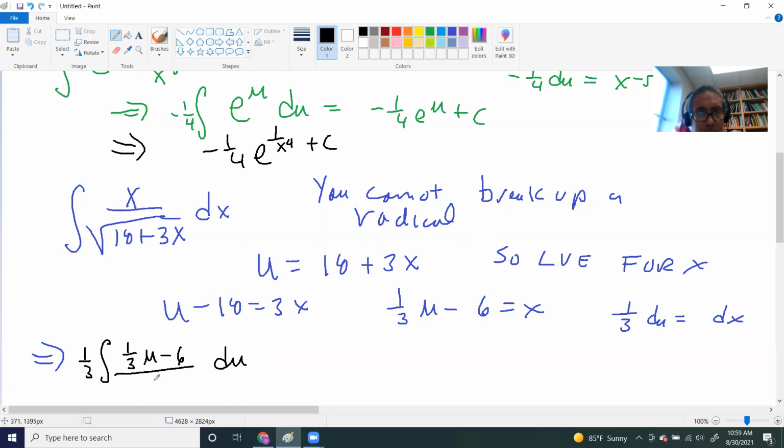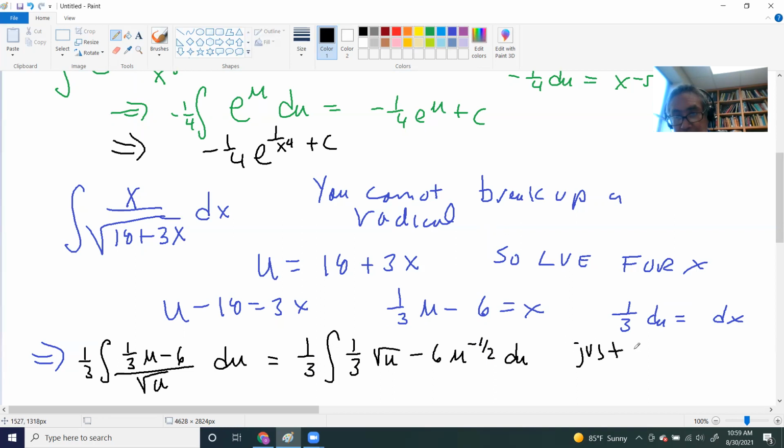Then the bottom is just a giant square root of u. That's correct. Right. So now you can break up a numerator like so, and that's reasonably easy to integrate. So then I'll just integrate, and back substitute.